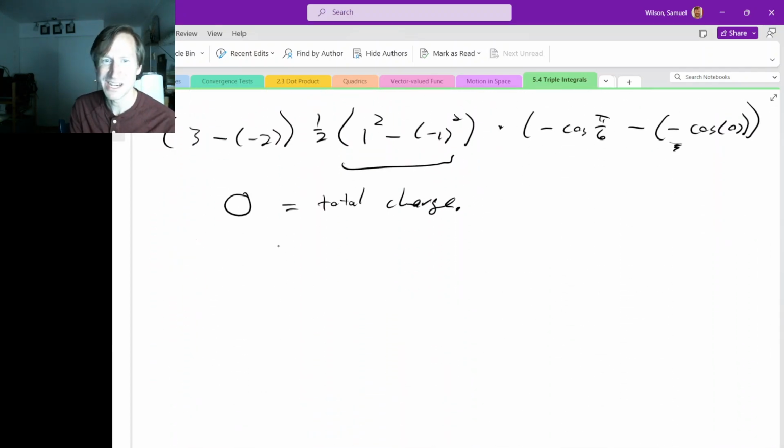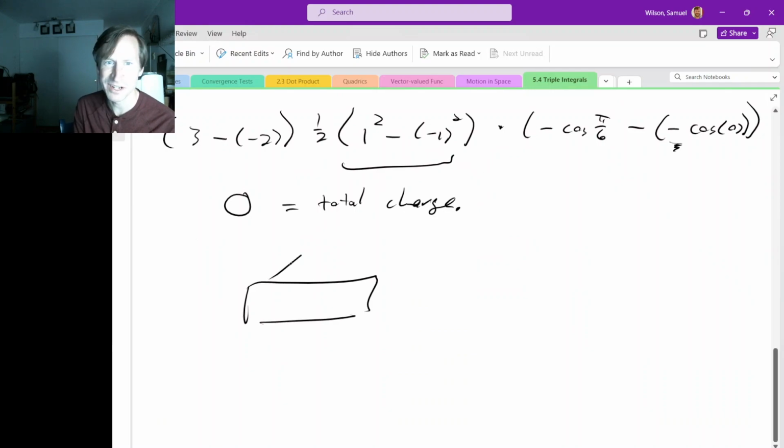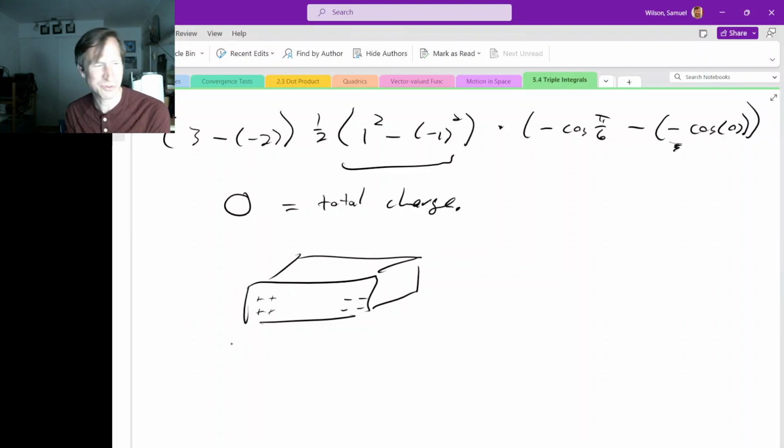So what's happening here is in this block of insulating material, in some places there are positive charges, in some places there are negative charges, and so if you add up the total, the negatives cancel the positives, right? This has to be a block of insulating material for this to happen, though, because if it's a conducting material, these charges will move around. So that's why I insisted that it be an insulating material.